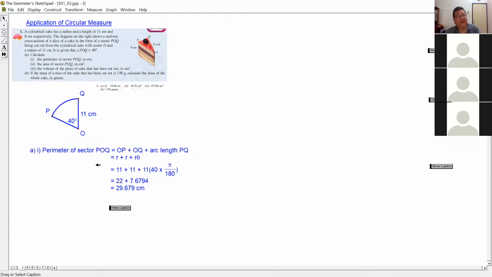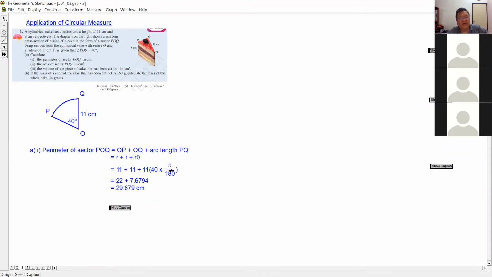So the perimeter of the sector is OP, OQ plus the arc length PQ. OP is r, OQ is also r. Then the arc length is r theta, s equals r theta. So substitute r is 11.